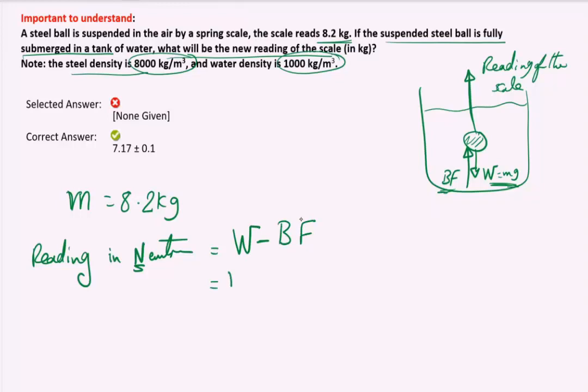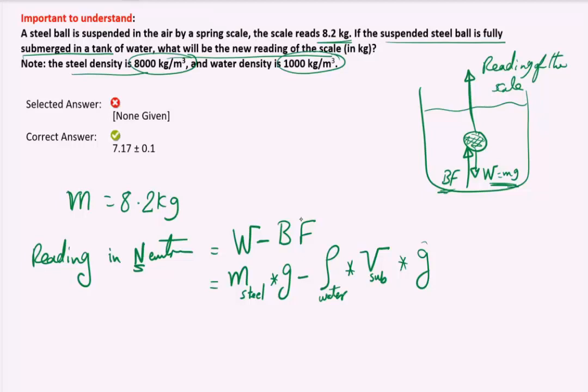What's the real weight? The mass of the steel times gravity, minus buoyant force, the density of water times the submerged volume, which is the total volume of the steel. This is the volume of the steel because it's totally submerged, times gravity.